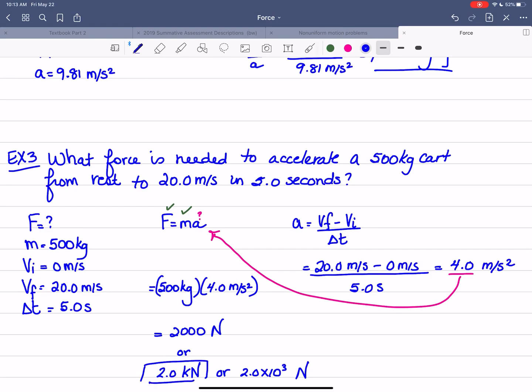Those are both correct. Okay, so you see how what we learned in the previous section can be used for this.